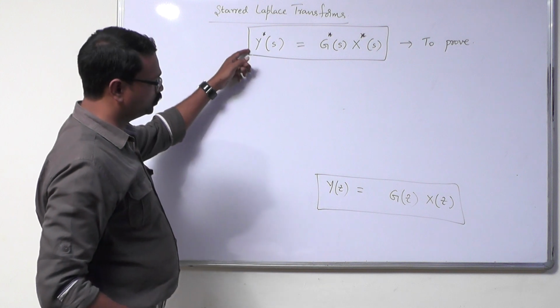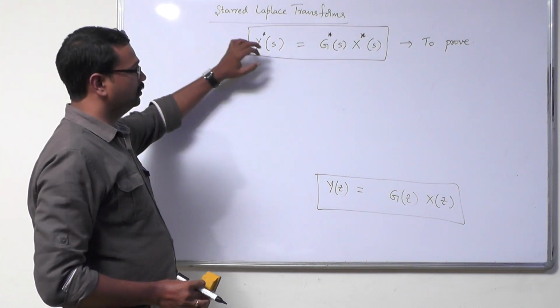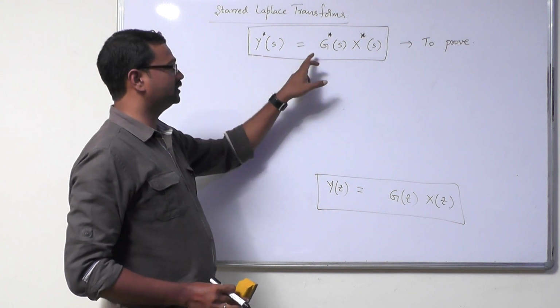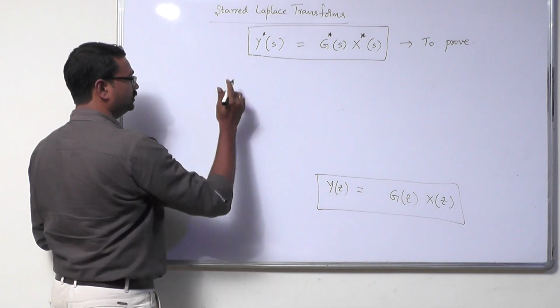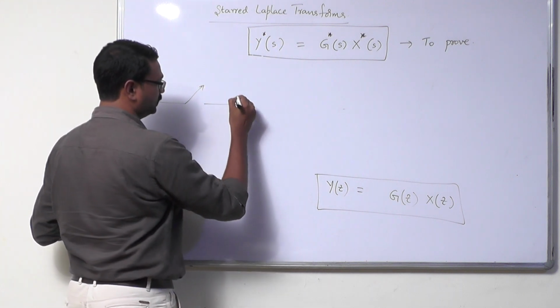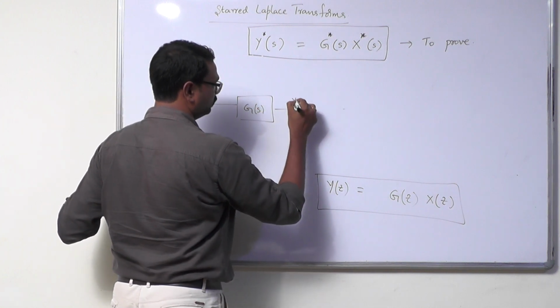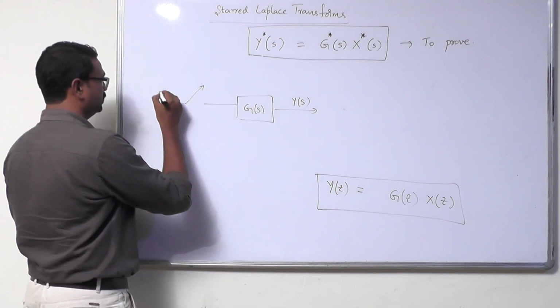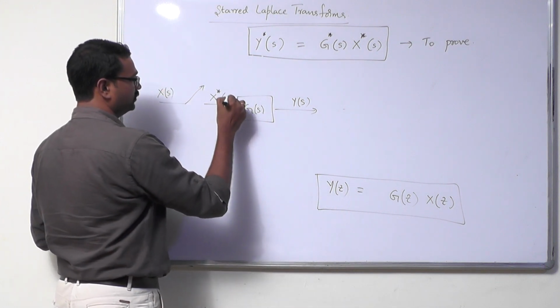Now consider these two equations. This is star Laplace transform of y of s, which is equal to g star of s and x star of s. And how did we obtain this? With this basic diagram, g of s and y of s. If this is y of s, this is x of s, this is x star of s.